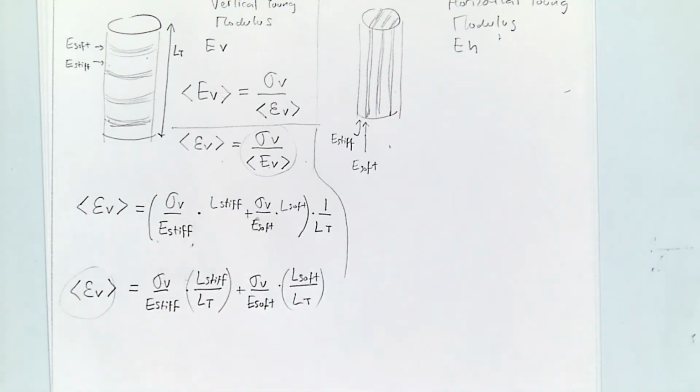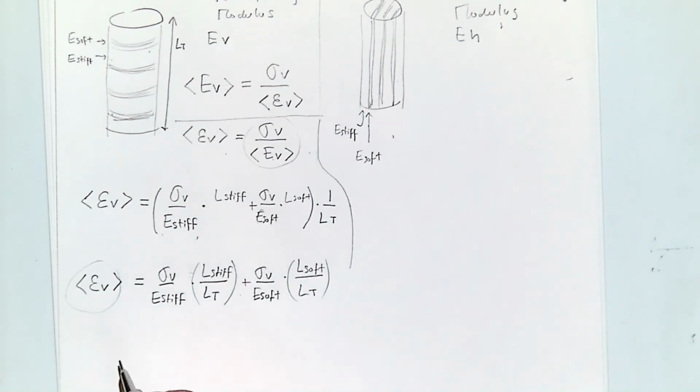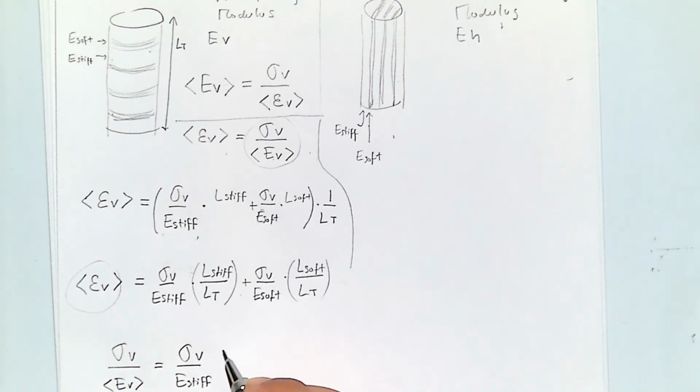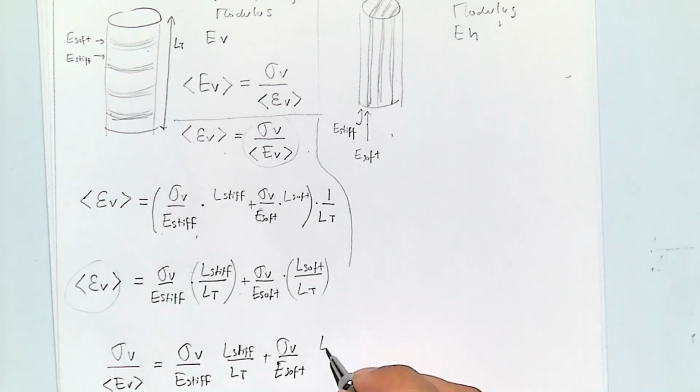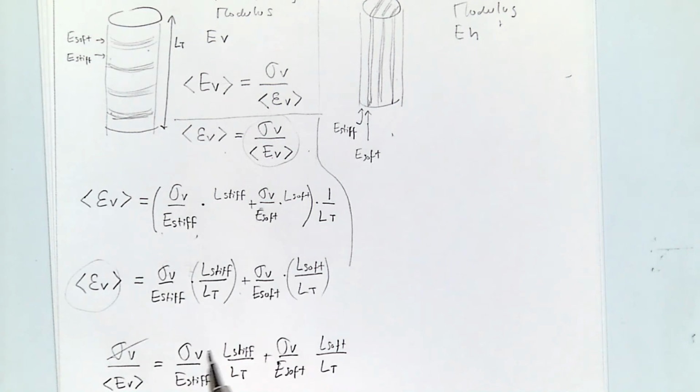And now, since this one is the same as that one, if I now compare this one to this one, I'm going to have that sigma v divided by this, and as you can see, the sigma v is everywhere, and I can take it out.